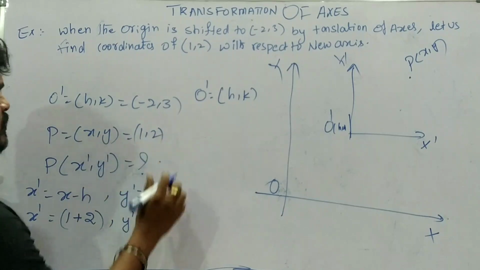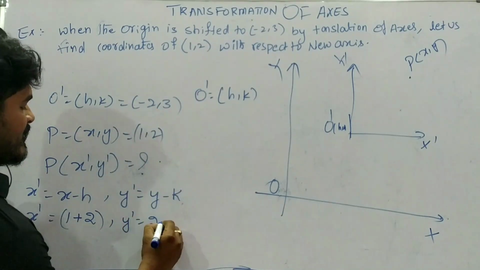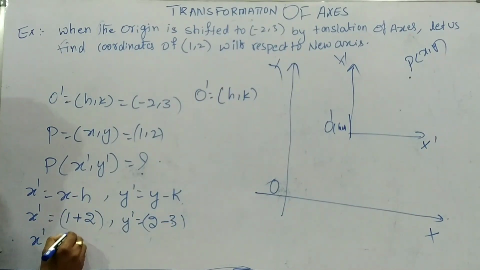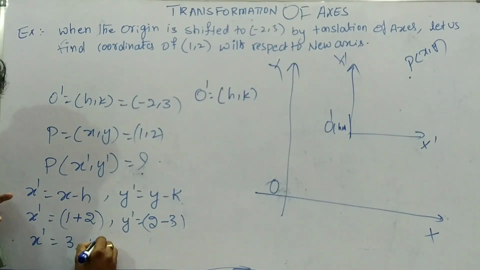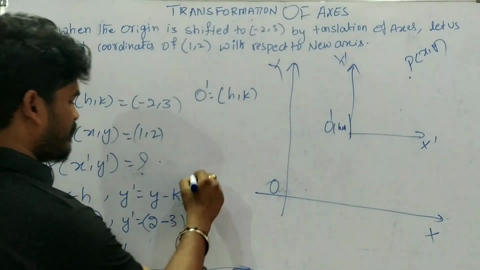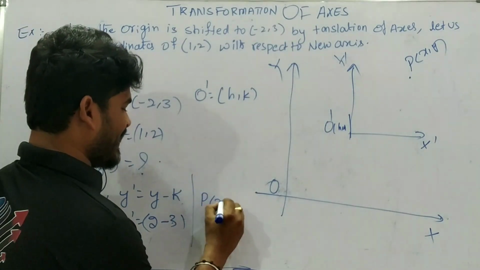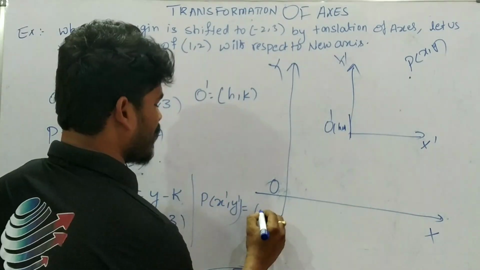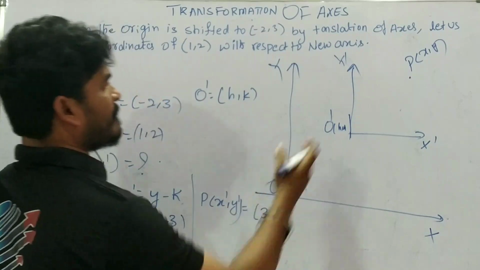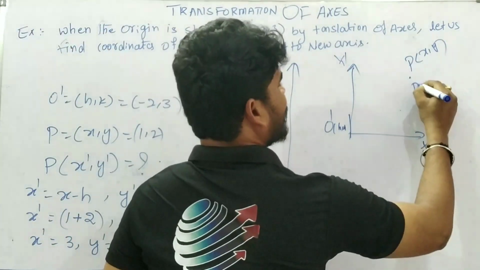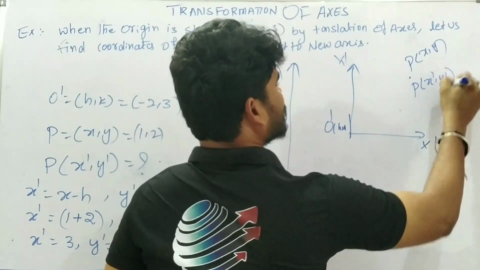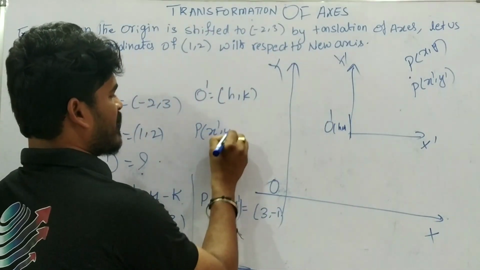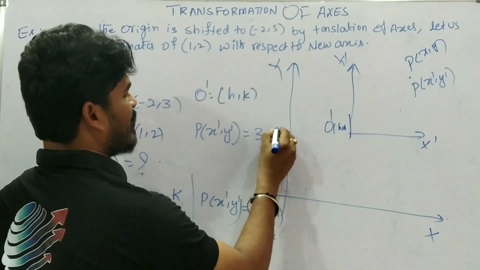What is the y value? 2 minus k is nothing but 3. Therefore, x dash equals 3 comma, y dash equals minus 1. Therefore, finally, P(x dash, y dash) equals (3, minus 1).